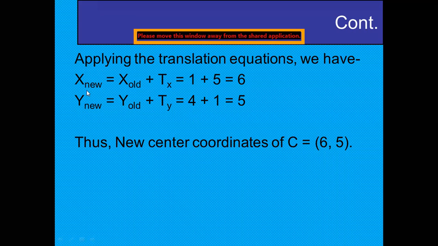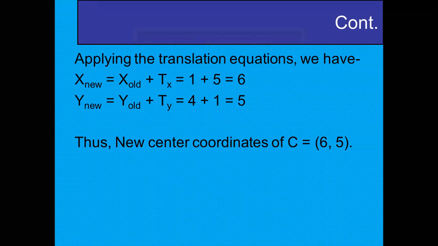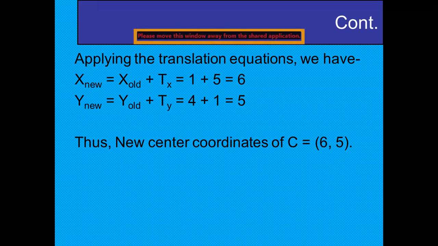So here we can calculate x new is equal to x old plus Tx. Remember these equations which we are using for the translation transformation. Now you can calculate easily. There is no problem if you are aware of these equations. You can calculate the new x coordinate and y coordinate.